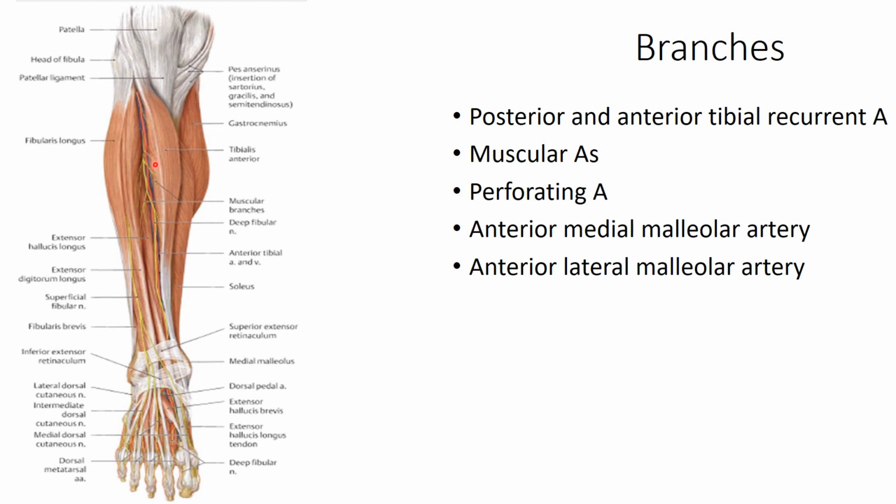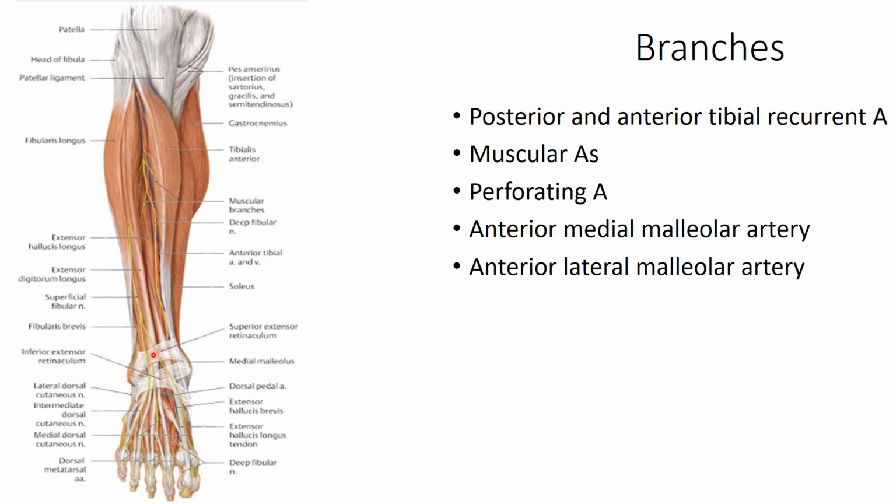Then there are muscular arteries which are given to the muscles of this compartment: tibialis anterior, extensor hallucis longus, extensor digitorum longus, and peroneus tertius. These are all lateral branches, and then the branches to the skin are the perforating arteries. They pierce the deep fascia and supply the skin.